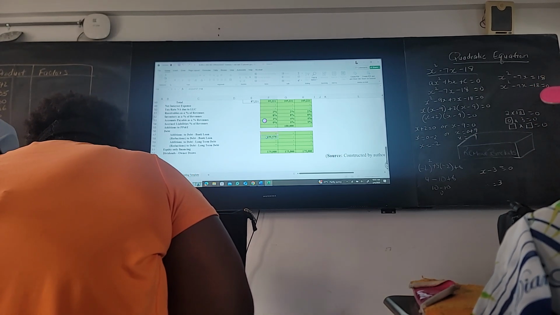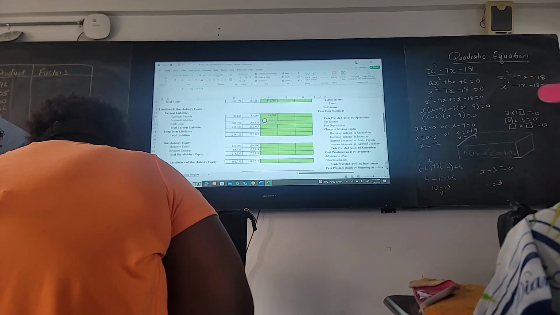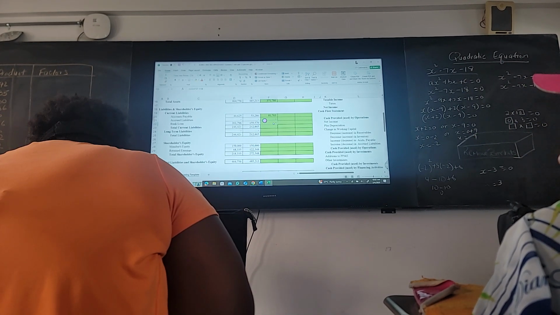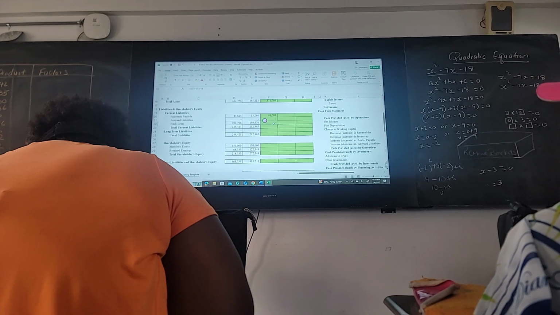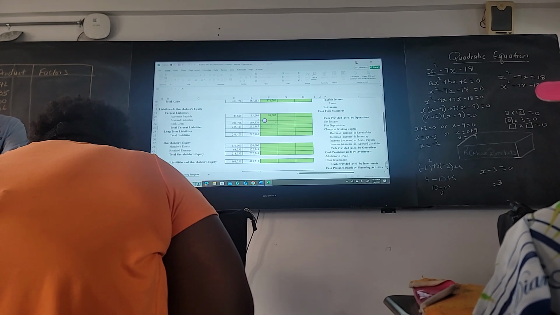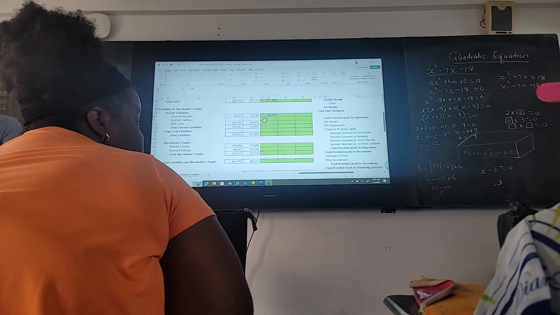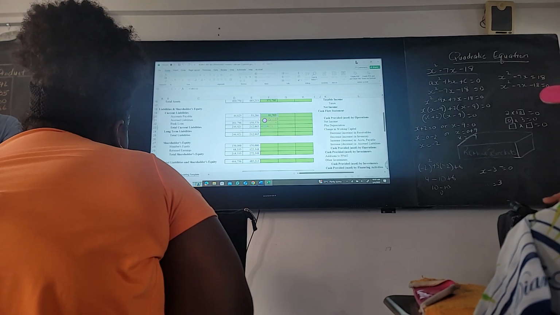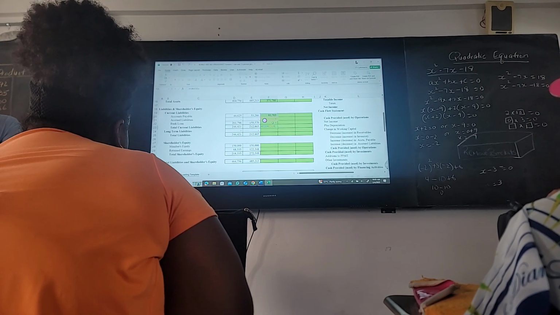We would add that and we pay off. Okay, so it's gone to zero because, as said in the case, you were going to pay it off. So what's our total current liabilities? Accounts payable plus accrued liabilities plus our bank loan.